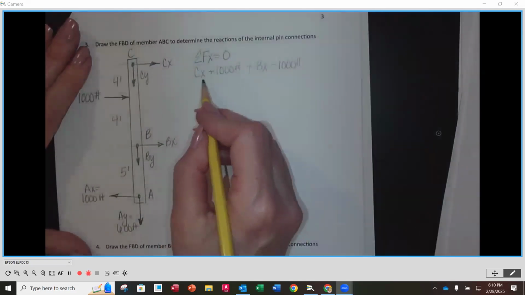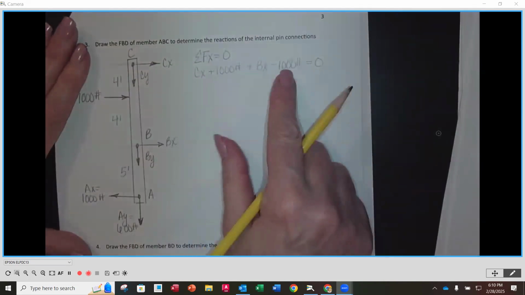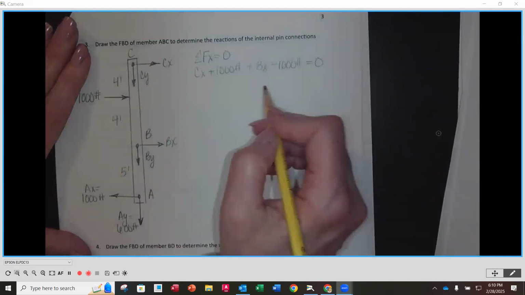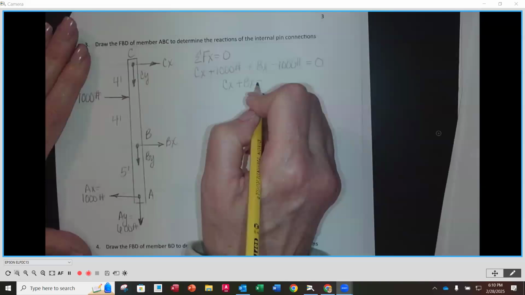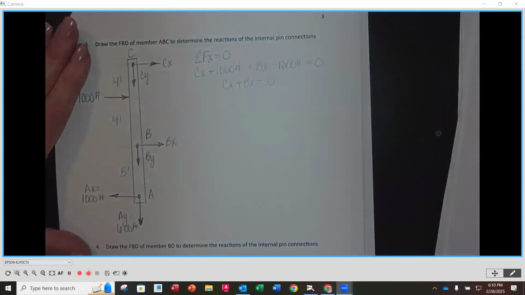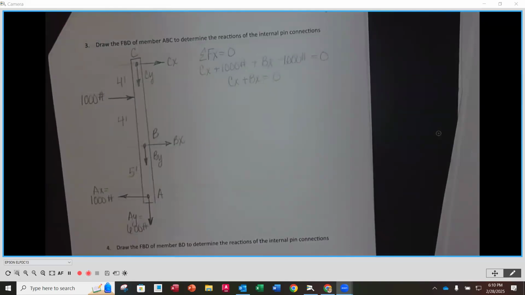Those are all of the forces in the x direction set equal to 0. These two cancel each other out, positive and negative. That makes sense. So we end up with CX plus BX is equal to 0. Two unknowns, so we're just going to leave it there. It doesn't look like at this moment we can solve for those with that equation.